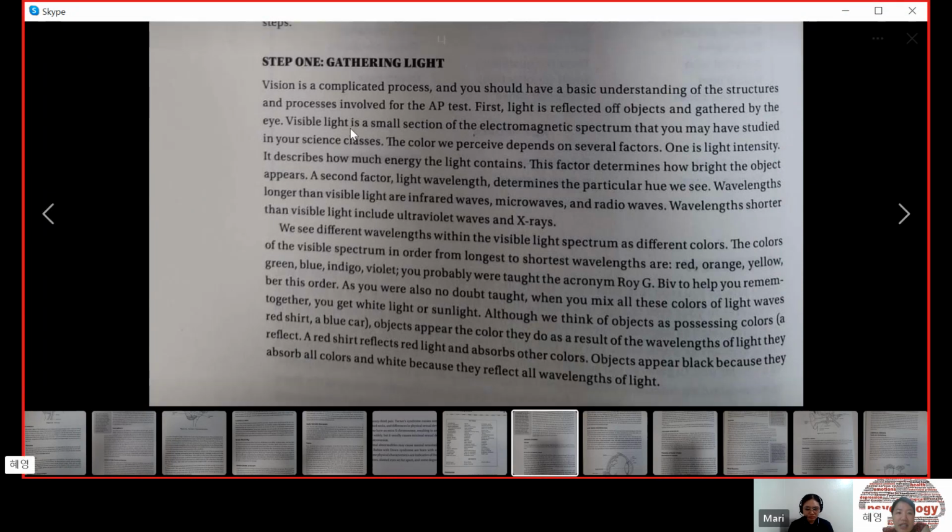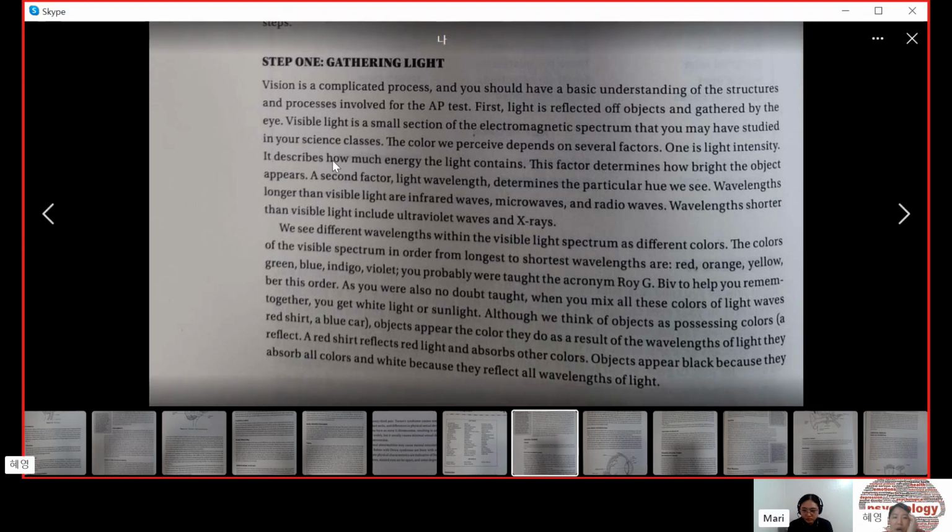Visible light is a small section of the electromagnetic spectrum that you may have studied in your science classes. The color we perceive depends on several factors. One is light intensity.